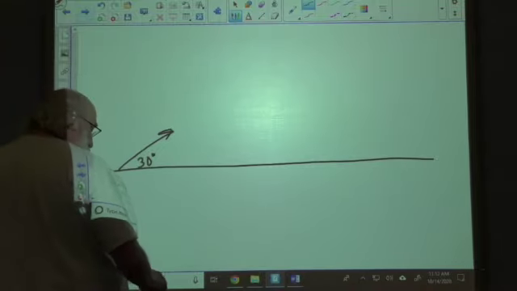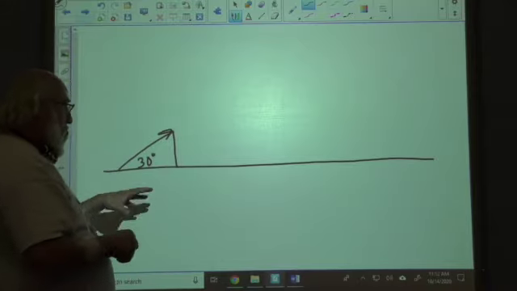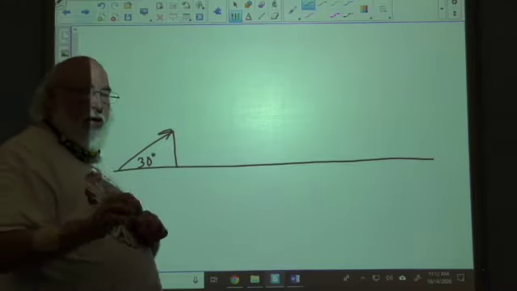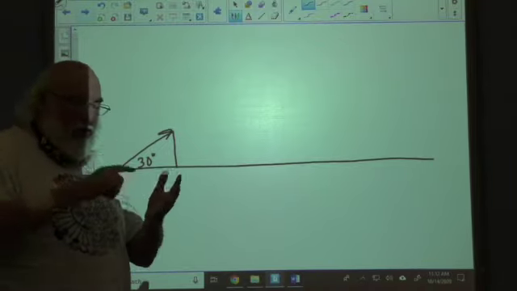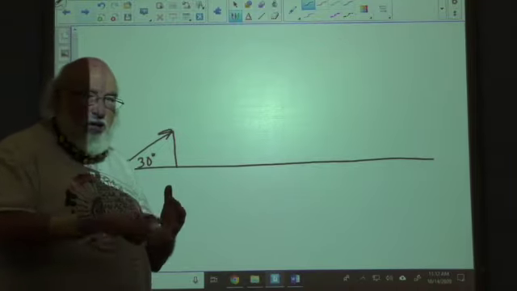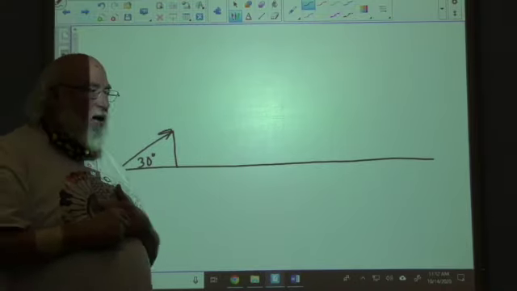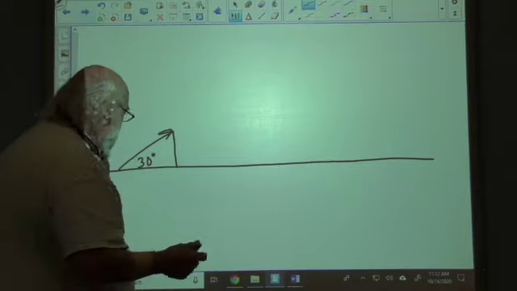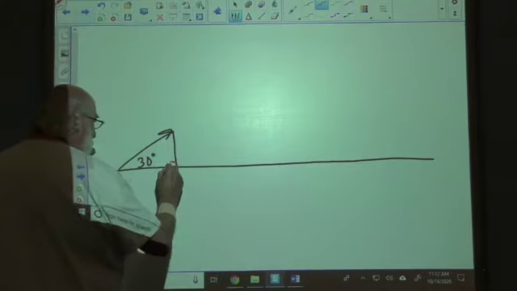We're going to look at this as if it's a right triangle as it leaves. We're going to assume the instantaneous moment at which it leaves the cannon, find the vertical velocity and the horizontal velocity, and use those two values to figure out what we're trying to find. So we have here a right triangle.